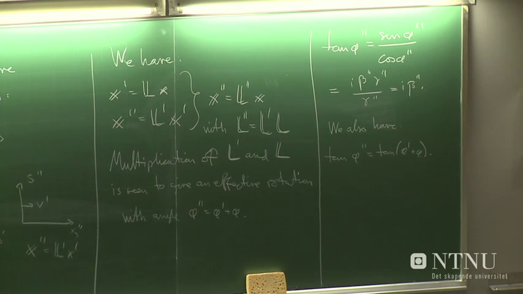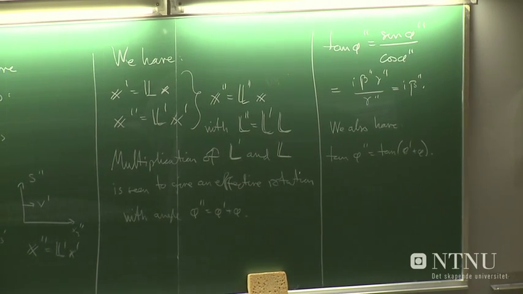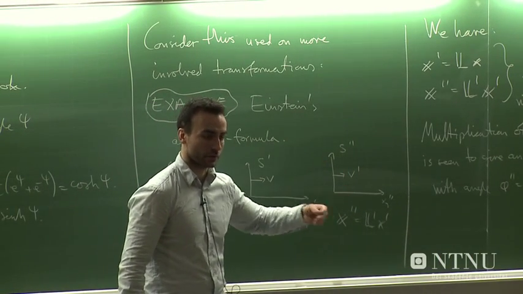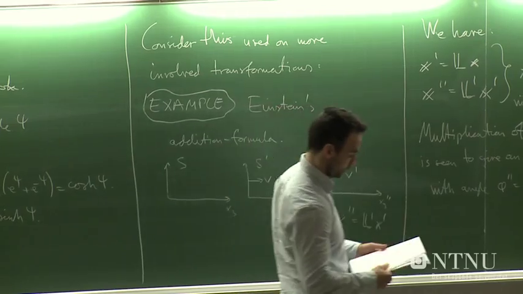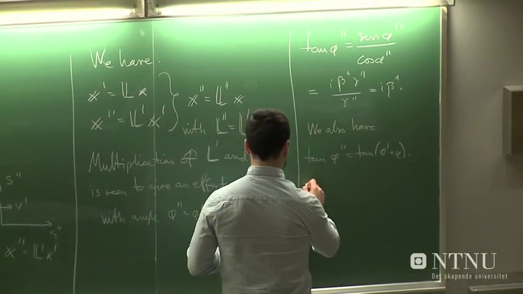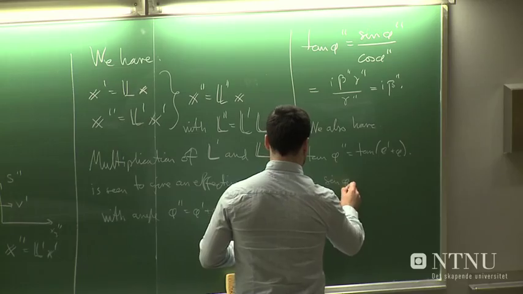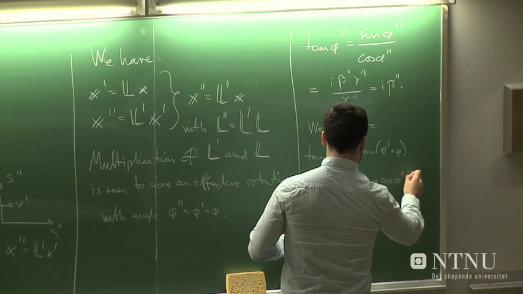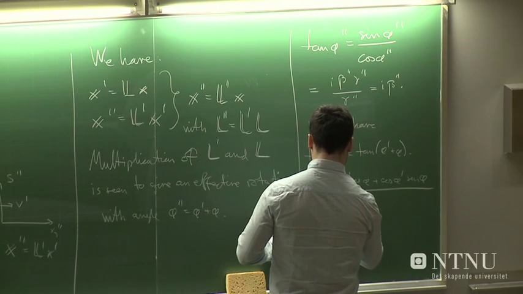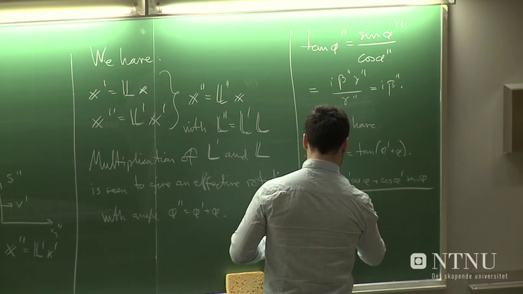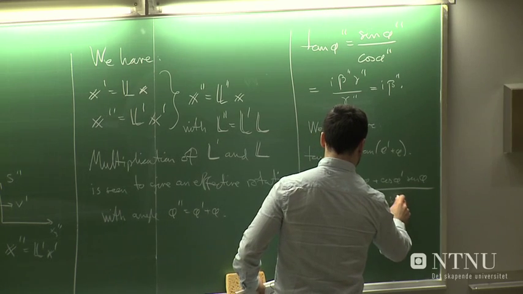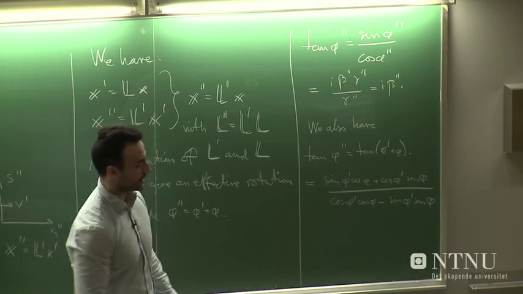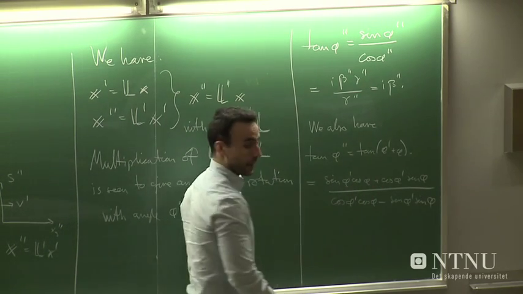So here we're making use of the fact that the total rotation when going from the unprimed to the double prime system is given as a sum of the two consecutive rotations. And using a trigonometric identity for tangents of the sum of two angles, I obtain this.